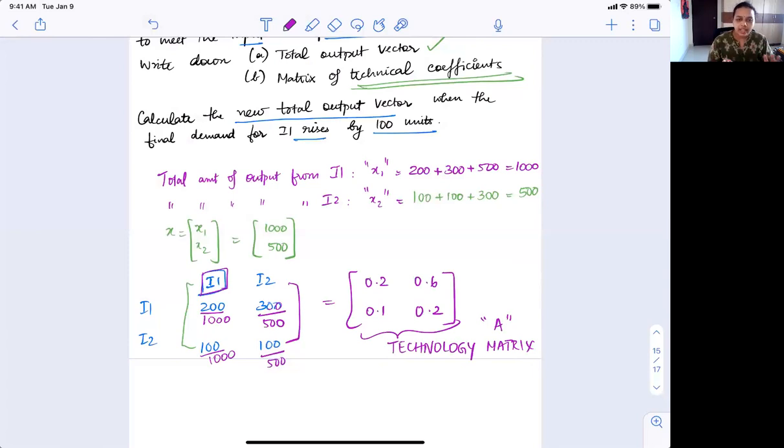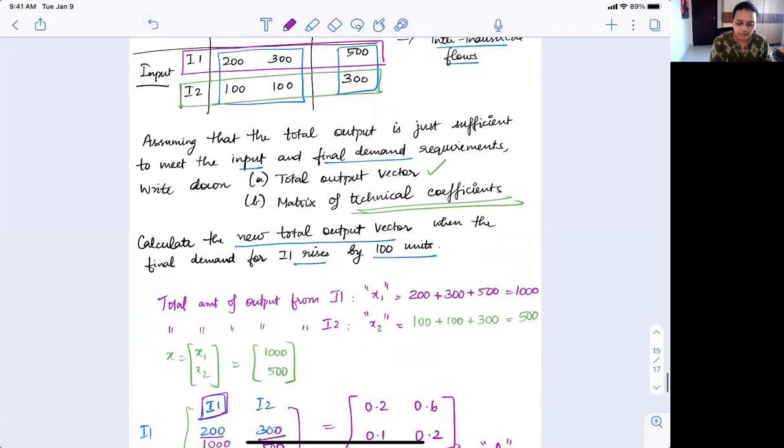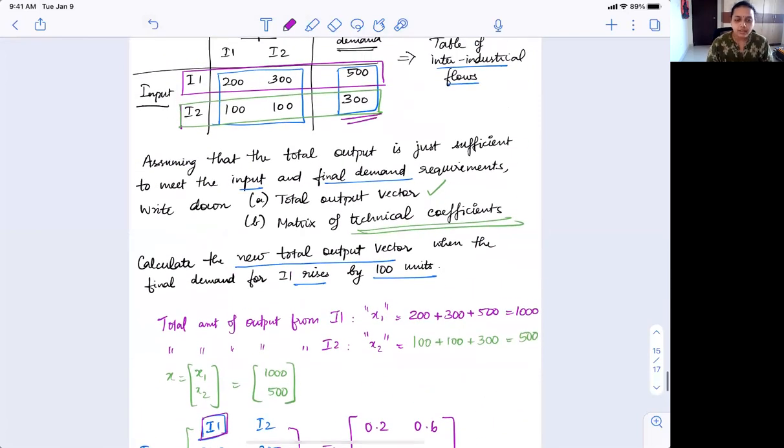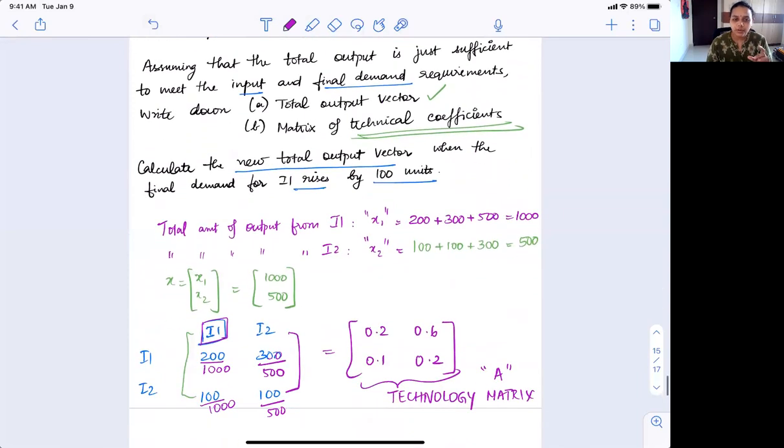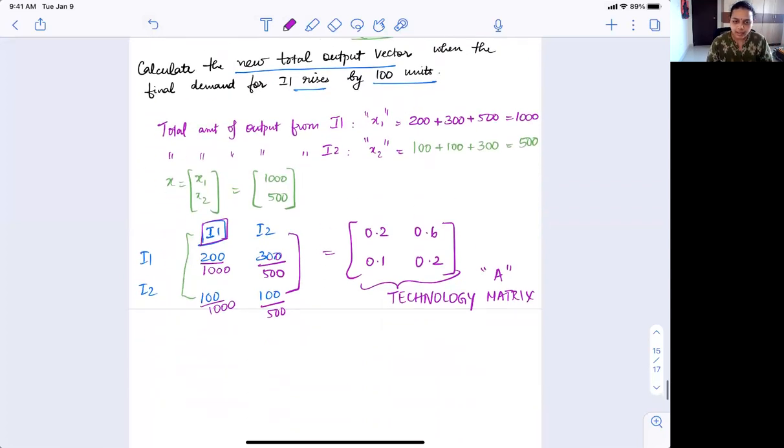Now, once you have A and your final output vector, and you also have your given demand vector, we want to find the change in output when the final demand for I1 goes up by 100 units, and the final demand for I2 does not seem to change because it's not given to us.